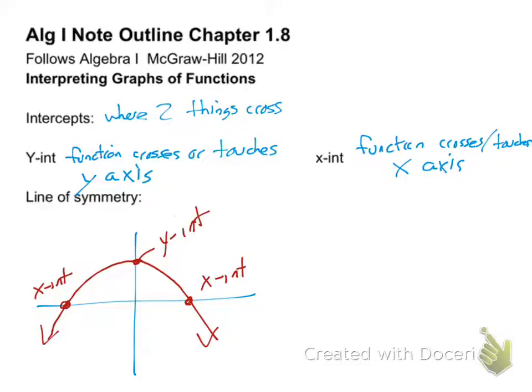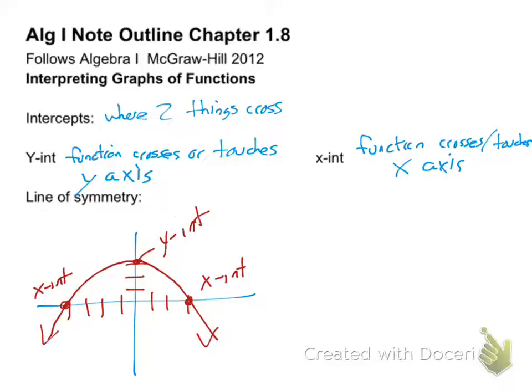Now, in our particular problems, you're going to have to look at the graph and actually state what they are. Now, guys, x and y intercepts are points. And so I very well could go back and draw tick marks on here. Okay? If I make tick marks, now you have a scale.